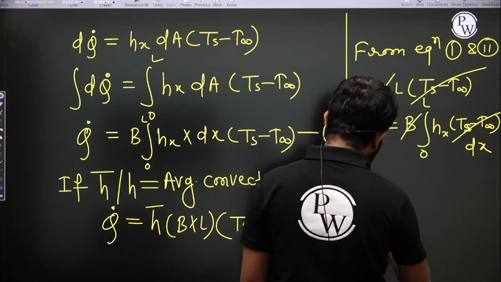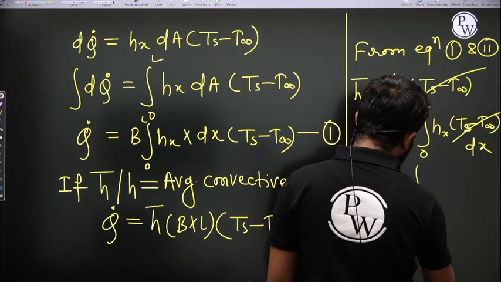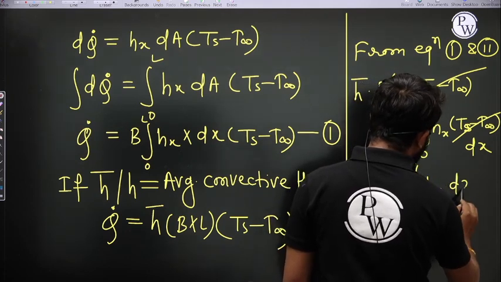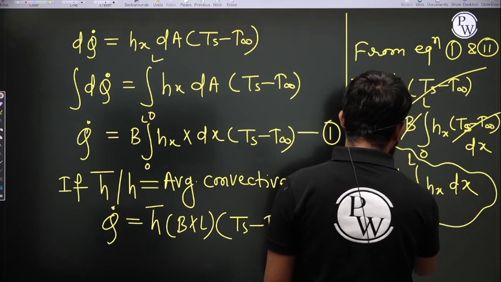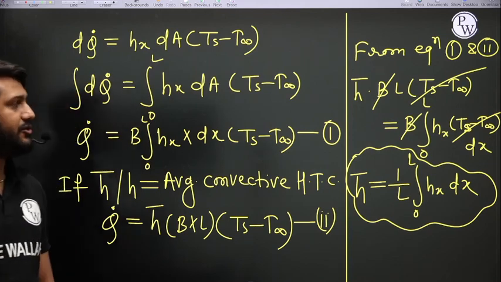So ultimately this H bar is equal to 1 by L, 0 tends to L, Hx dx. This is the H bar.